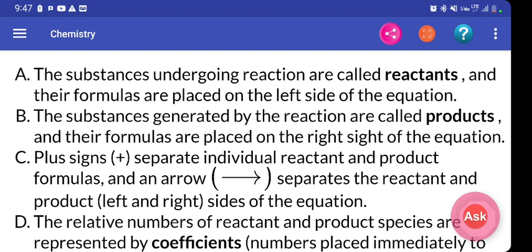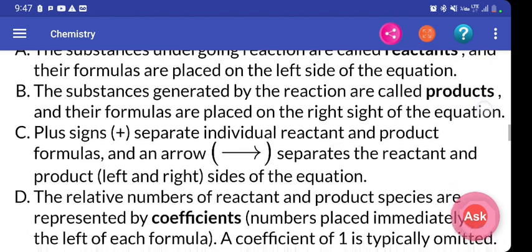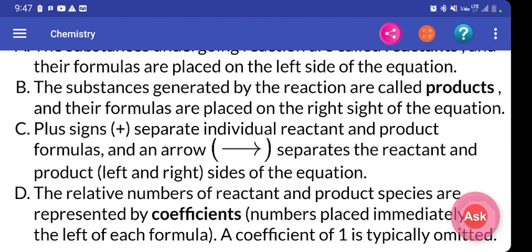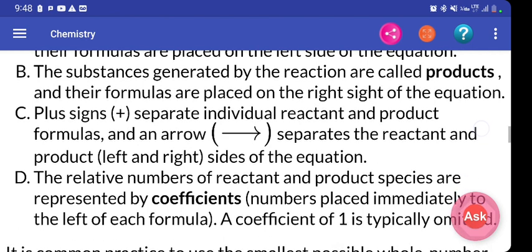B. The substances generated by the reaction are called products, and their formulas are placed on the right side of the equation. C. Plus signs separate individual reactant and product formulas, and an arrow separates the reactant and product sides of the equation.